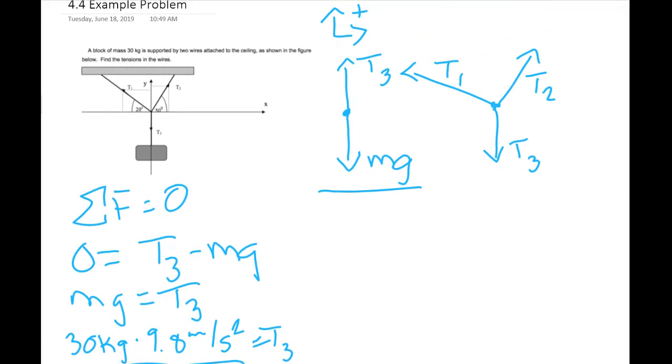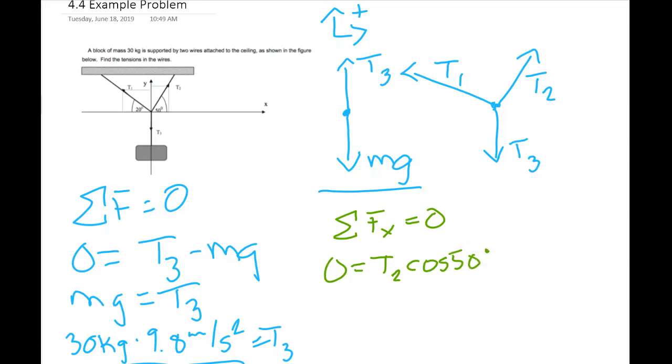Okay, so for wires 1 and 2, they're at angles. So some of the tension is in the x direction and some of the tension is in the y direction. So I'm going to split that up. And first, I'm going to just examine the x direction. I know that the sum of the forces in the x direction is also equal to 0. And remember, I said to the right is positive. So that means that T2 times the cosine of 50 degrees.